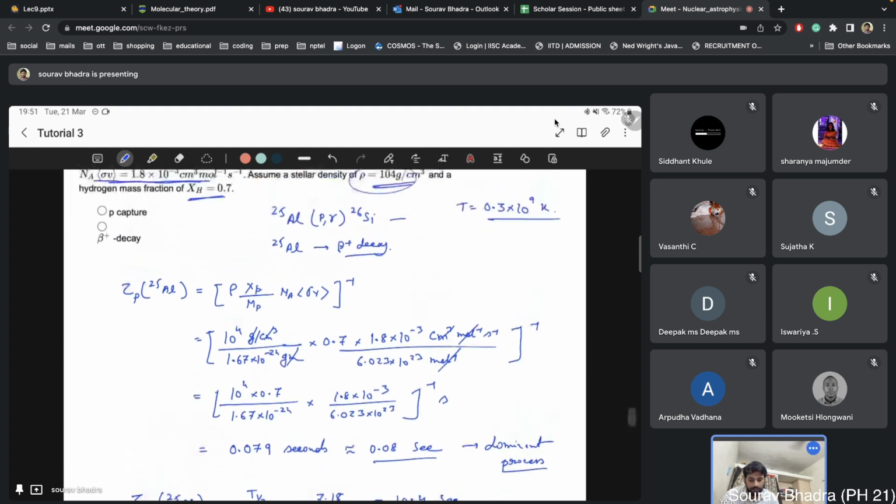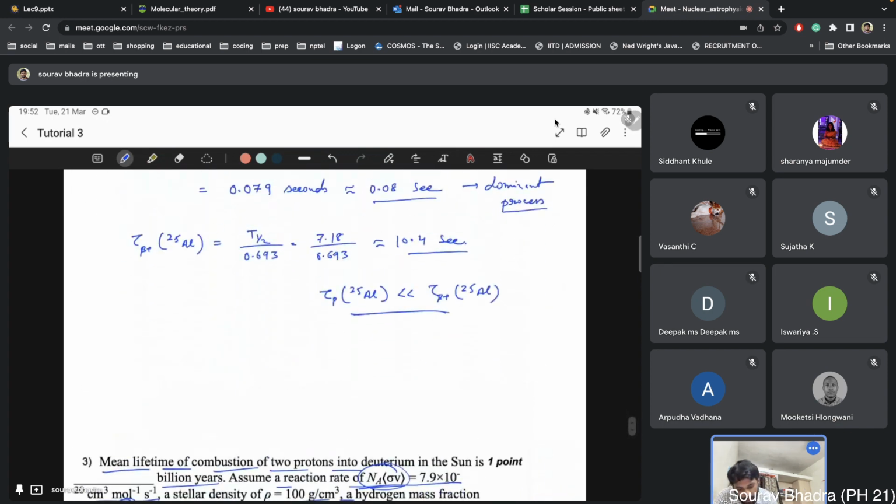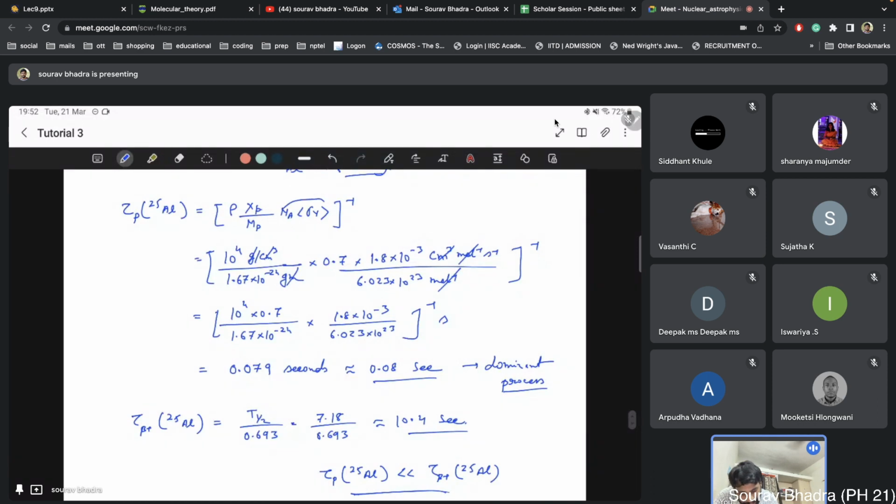Okay, so this was the 10th question. And one thing I want to mention: you can ask what is the use of this 0.3 gigakelvin here, since I have not used that value in the whole calculation. But the point is that when I am putting this Na sigma v, or sigma v, I am focusing on this particular term.